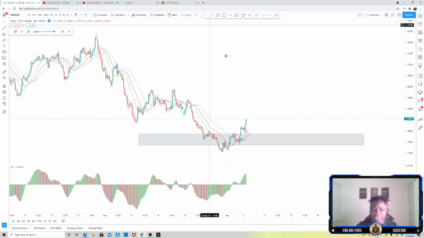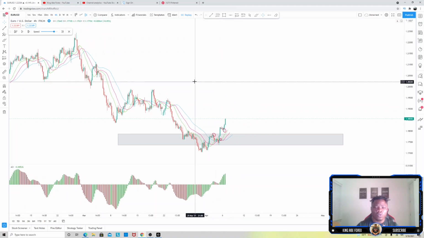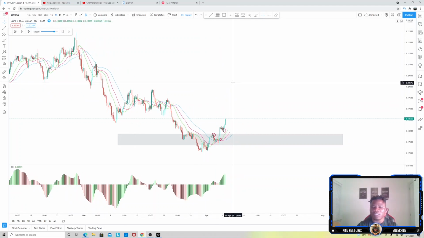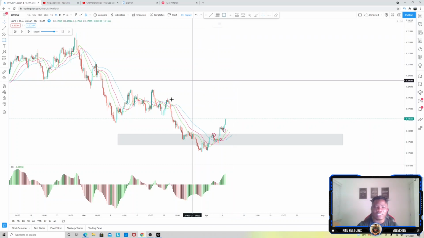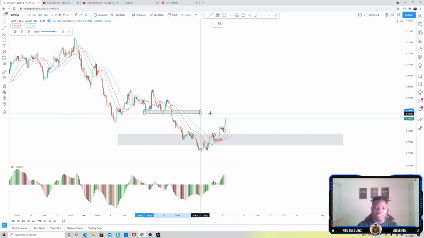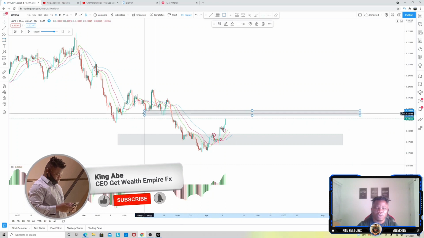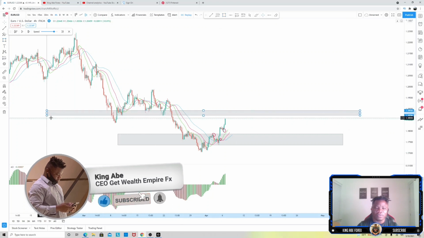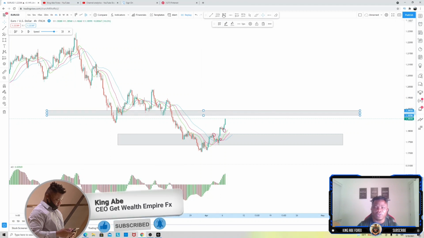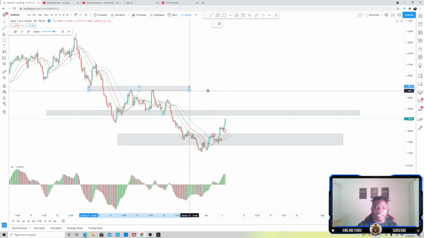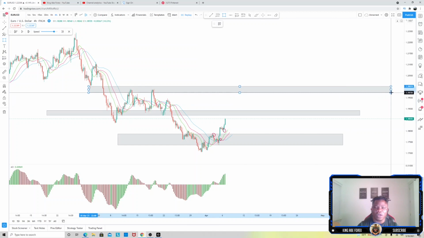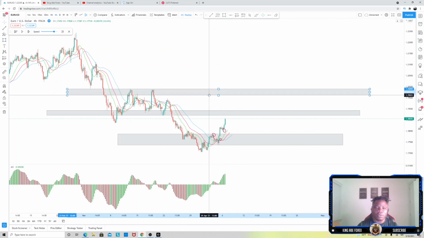Since you know that now, where would we have targeted on the 4-hour time frame? We could have easily targeted this zone right over here for our take profit 1, and this zone over here for our take profit 2.